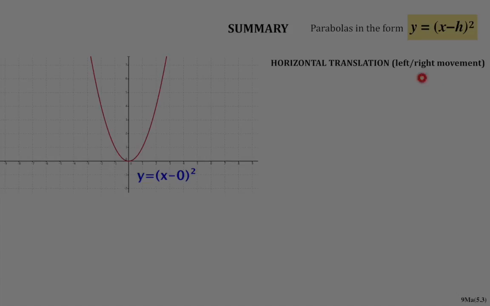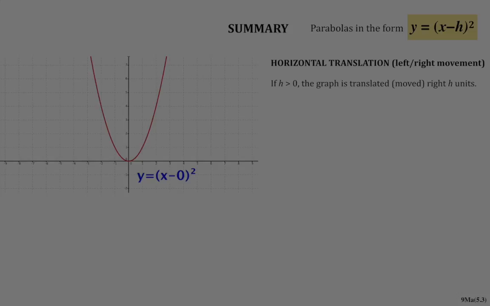The fancy mathematical term for left and right movement is horizontal translation, that's your movement. For left and right movement, there is a bracket.